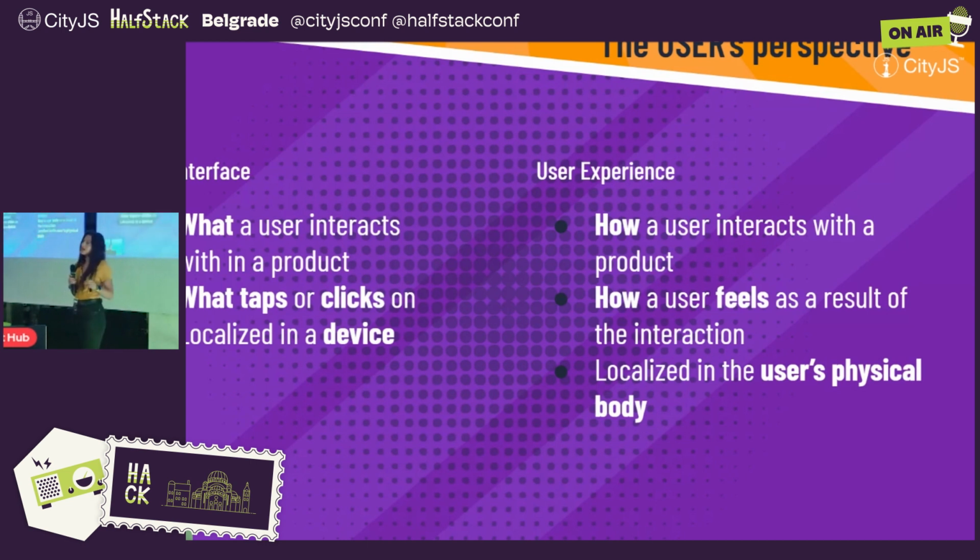On the other hand, the UX is how they feel when they're using a product. It's all about the how. And the experience is localized in our physical body. For example, if I'm using an app and this app doesn't work well, maybe my face will be like, ugh. Or I will move my hands up and down because I will not be happy with that particular app.